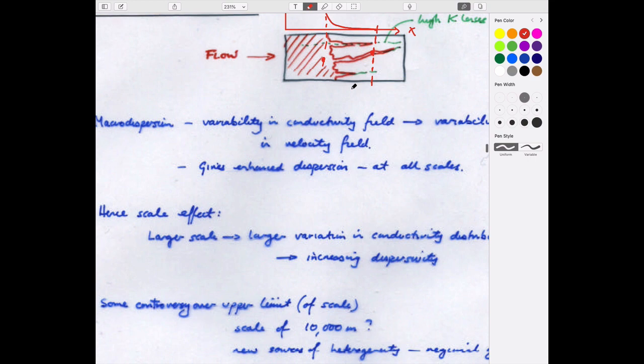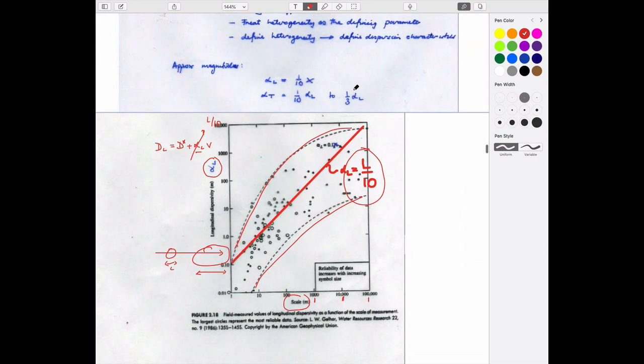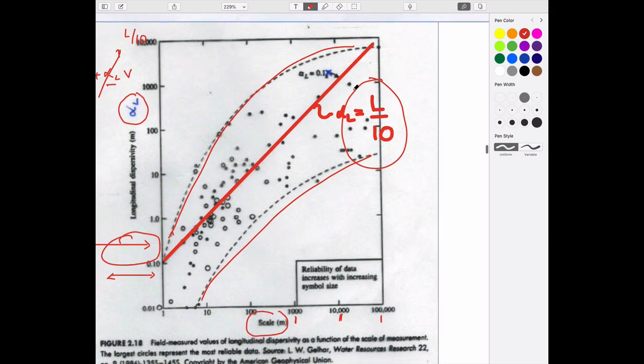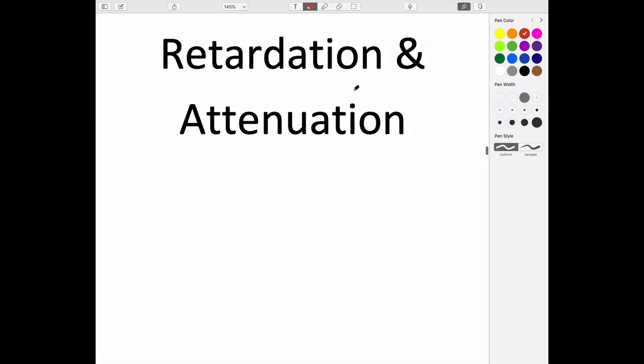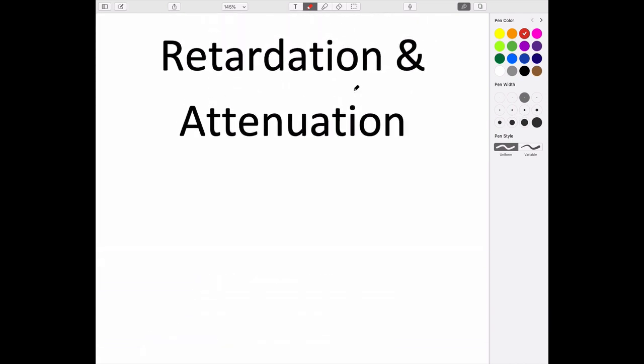So hopefully pretty straightforward. The net impact is that these behaviors are controlled by dispersion. Everything up to the end of 3.3 is talking about so-called conservative transport. Now we'll talk about the case when that's not the case, and look at the behaviors that contribute to two effects, retardation and attenuation.